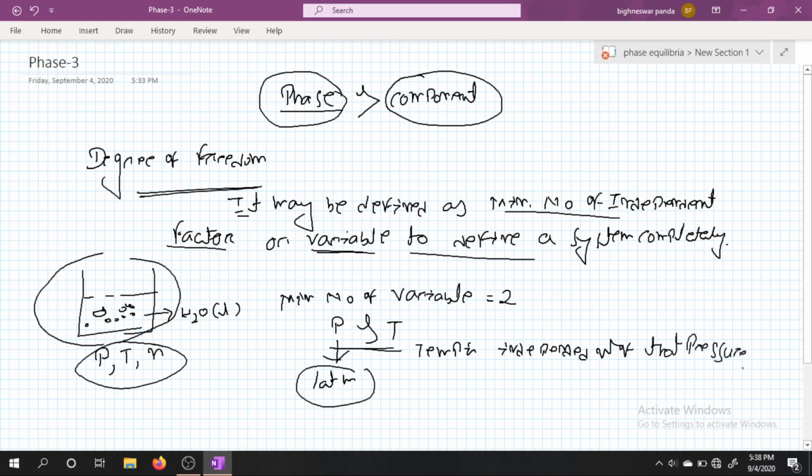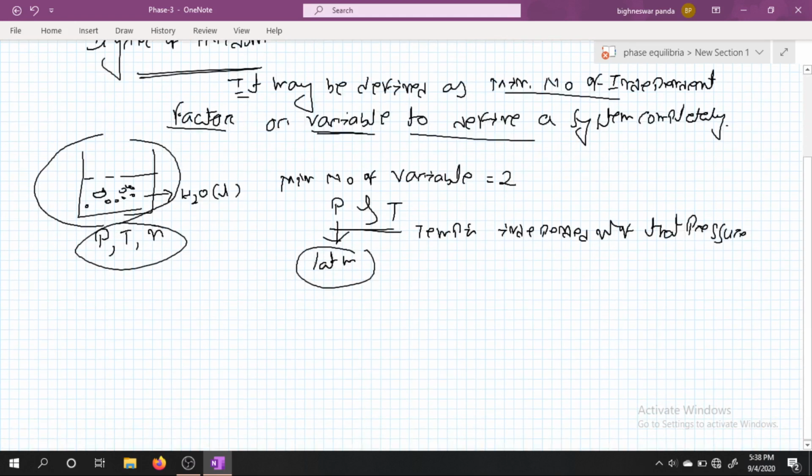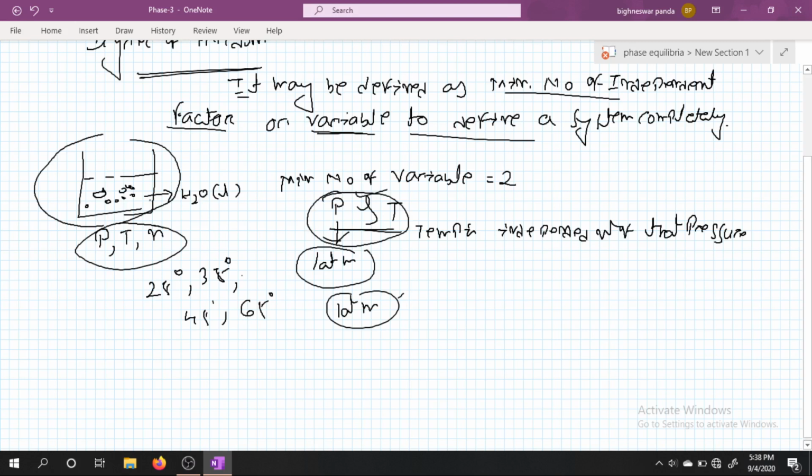Water can exist at 1 atm constant pressure in liquid state at 25 degrees Celsius, 35, 45, or 65 degrees Celsius. So here temperature is independent of the pressure. So we need two minimum variables, pressure and temperature, to define this H2O liquid system.